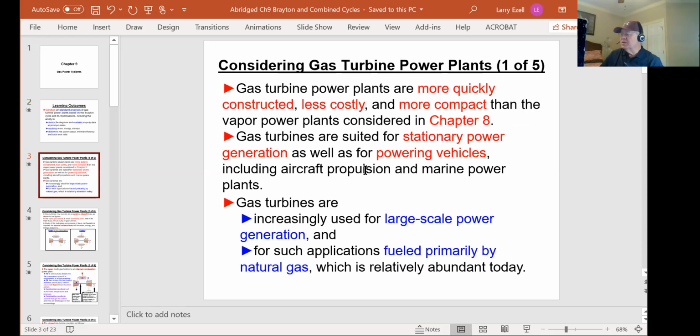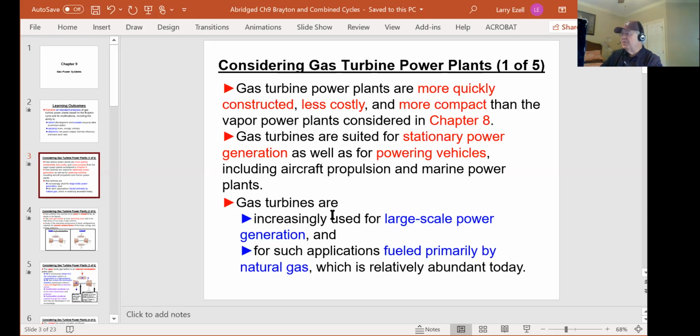Of course, turbines are used in almost all jet engines. We're not going to get into those, or boats. We're going to strictly limit our discussion to power generation. Gas turbines are increasingly used for large-scale power generation.